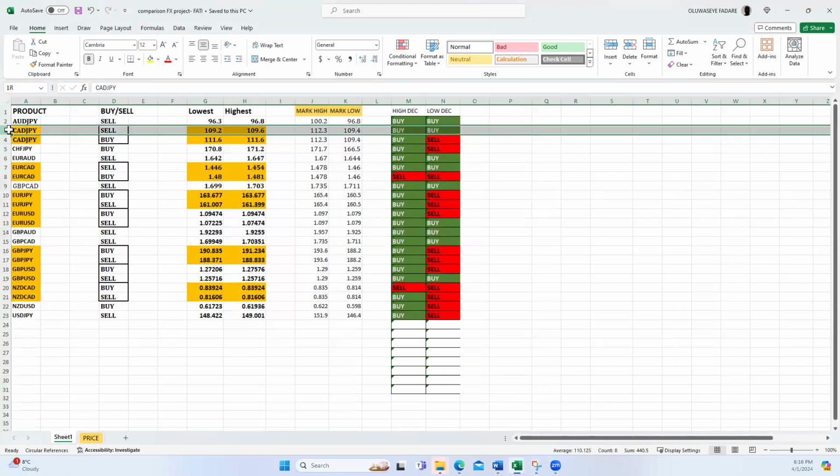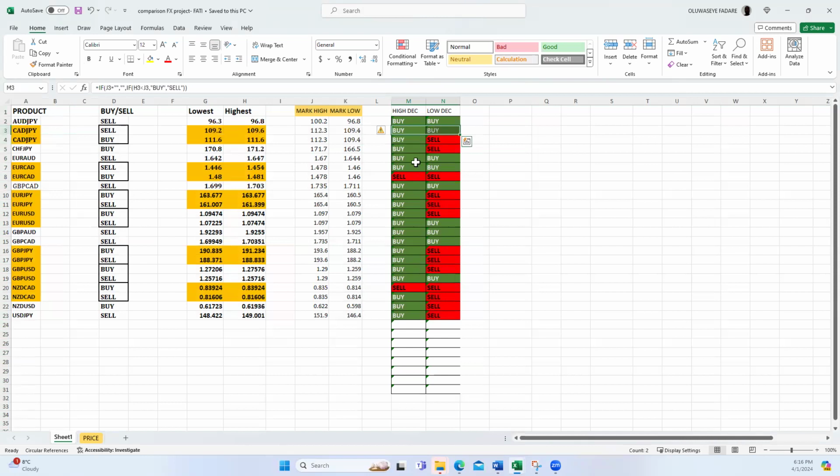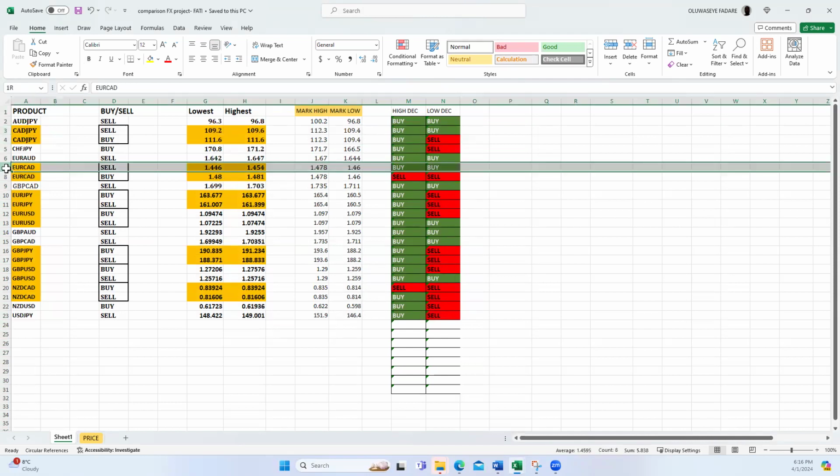Okay, but in instances whereby there are two sides for a product, one of the sides should be able to give us a direction. Like this, for example, we have JPY as sell and buy, but it is the buy that is profitable, as you can see. Same as the others that are twice. This is a sell and a buy because these products have been taken earlier.